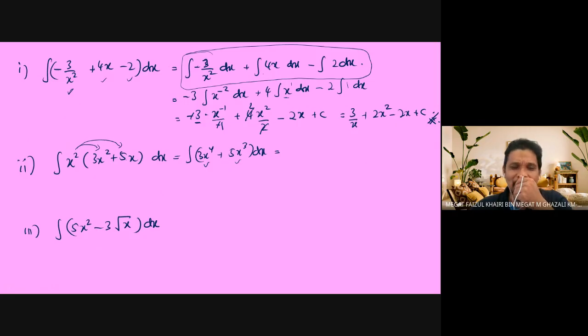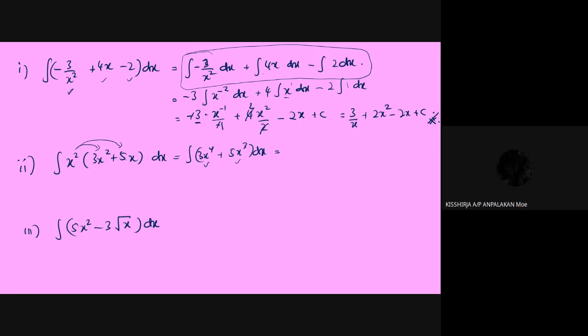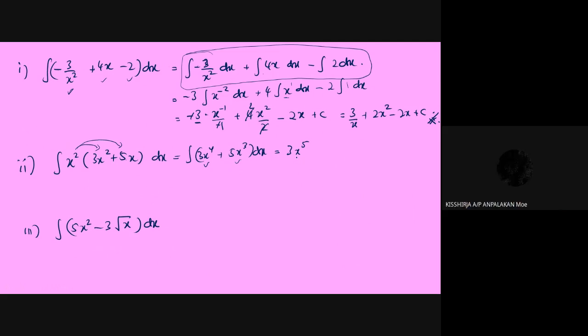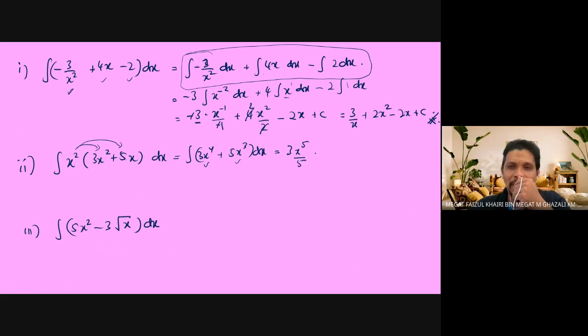Is it possible for you to understand? Slowly: 3x to the power of 4, 4 plus 1 equals 5, divided by 5. And then 5x cubed, 3 plus 1 equals 4, over 4, plus c. That's it.